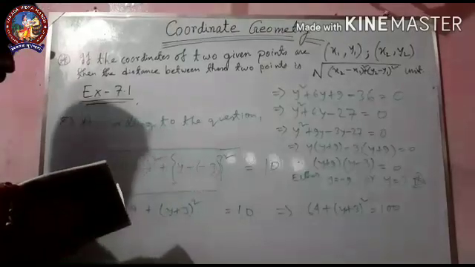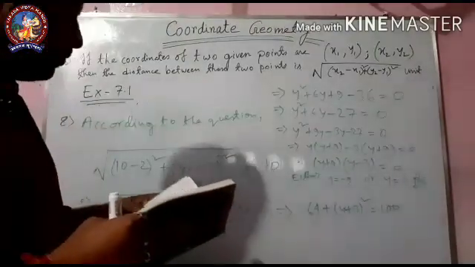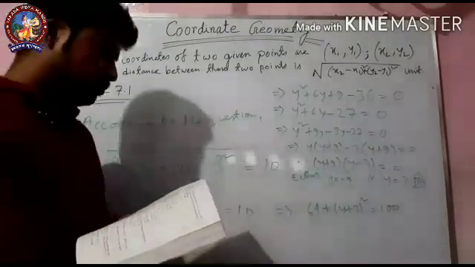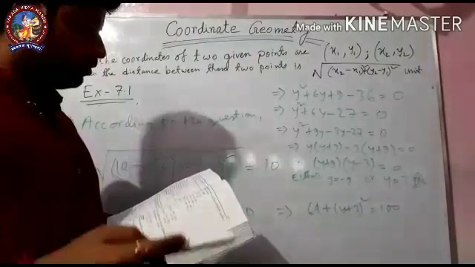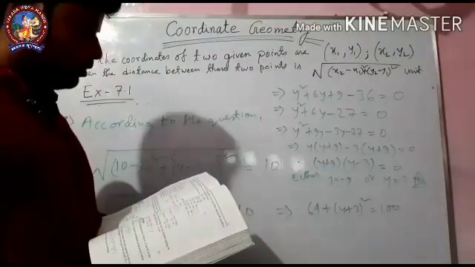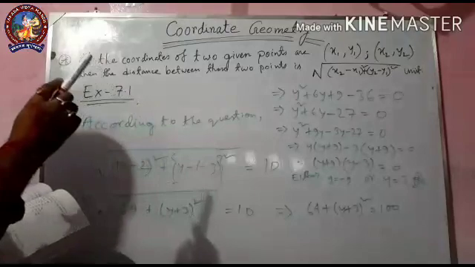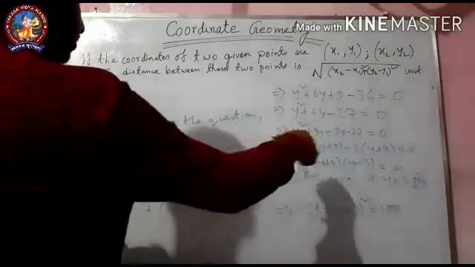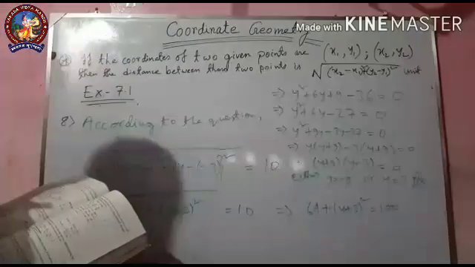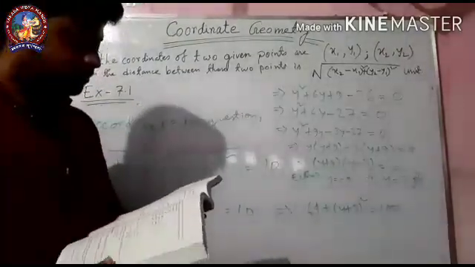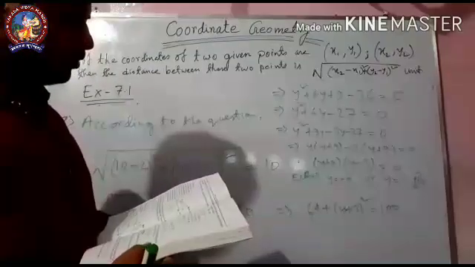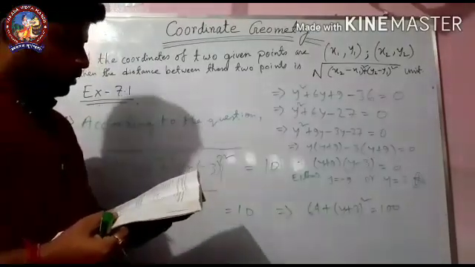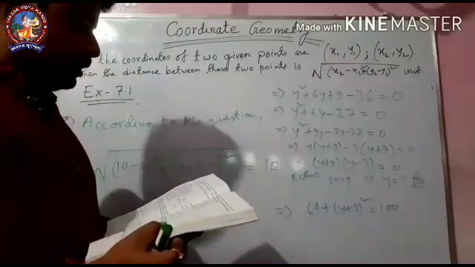Q is equidistant from P and R, right? So calculate the distance between P and Q, then calculate the distance between Q and R. Since they are equidistant, you will have two expressions, one on each side. They will be equal, and from there you have to calculate the value of x. After calculating the value of x, you need to find out the distances QR and PR.